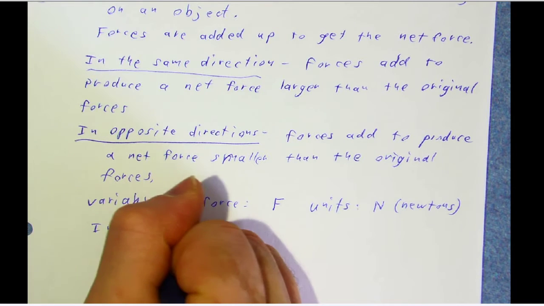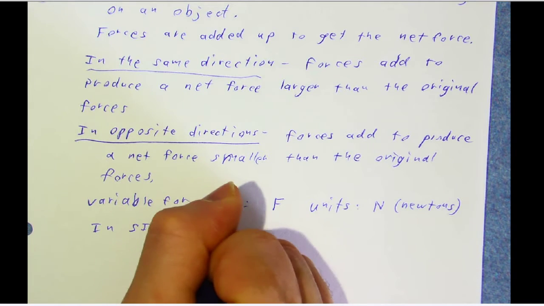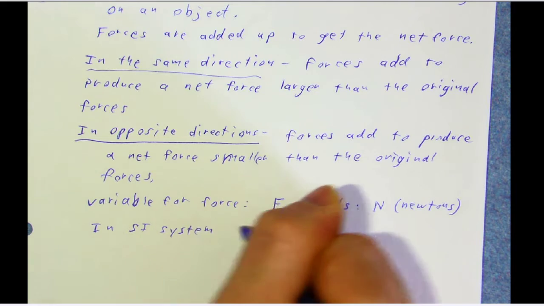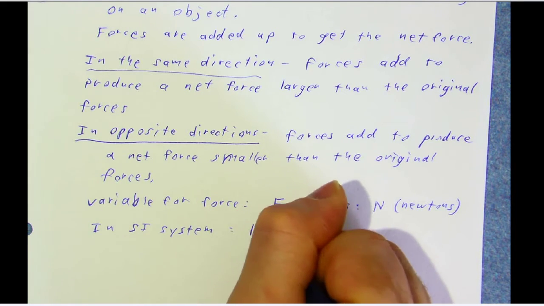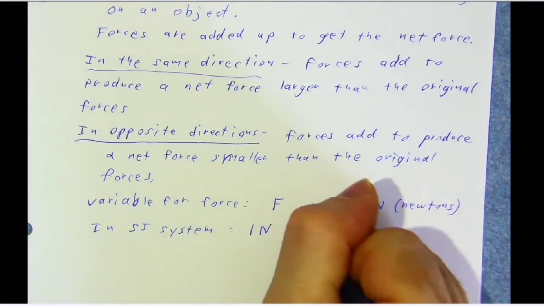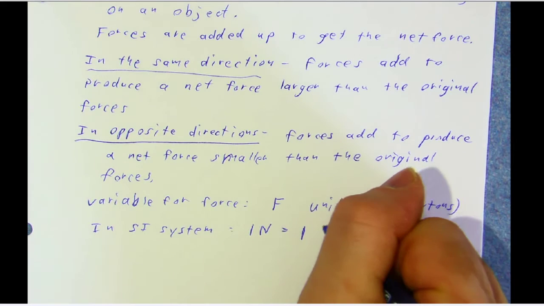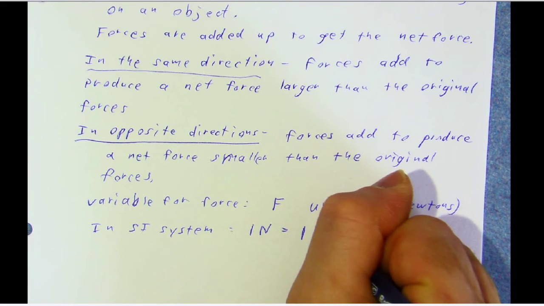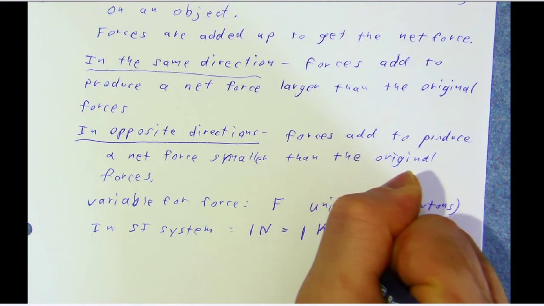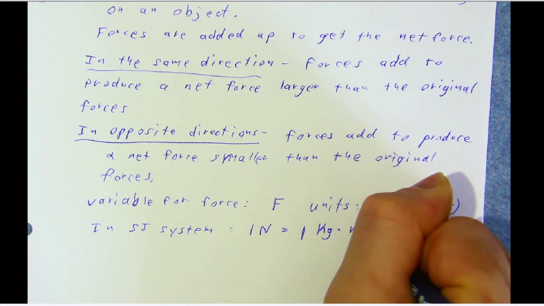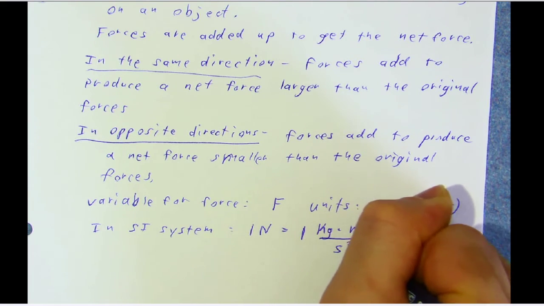So in the SI system, 1 Newton, right, is equal to, remember I said earlier on in the course that you had base units, right? You have mass, you have length, you have time, right? And everything else can be expressed in base units. So the base units for a Newton are kilogram times meter per second squared.